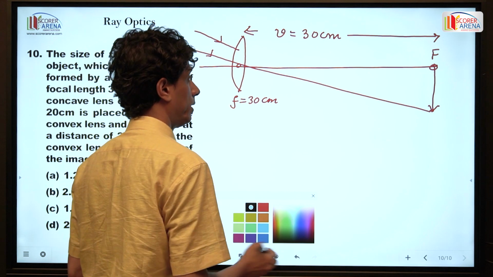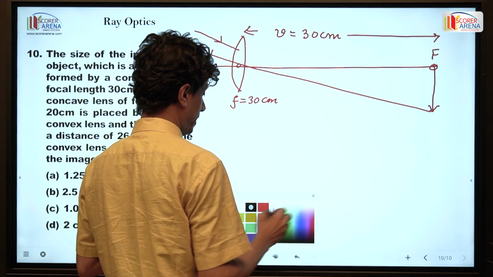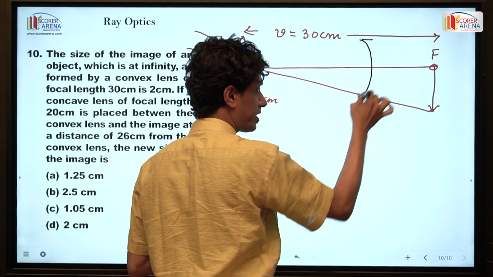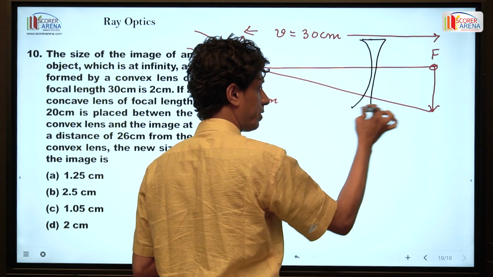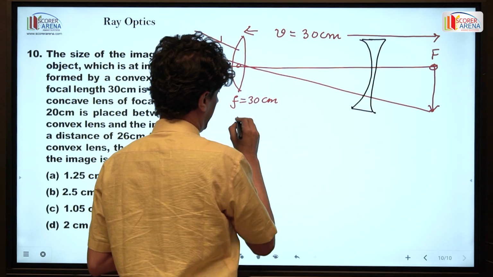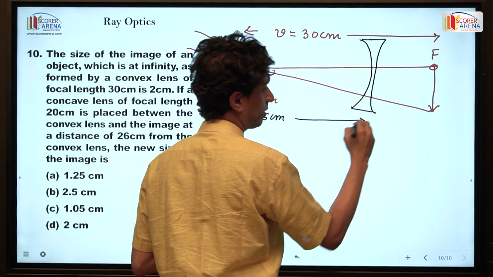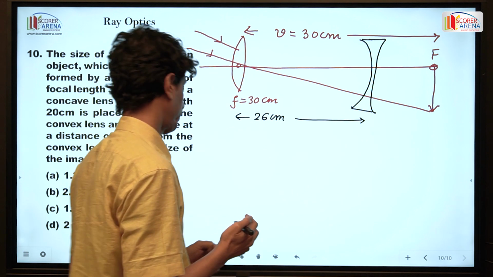Now a diverging lens is placed at a distance 26 cm from the convex lens.